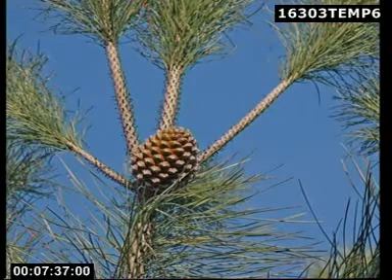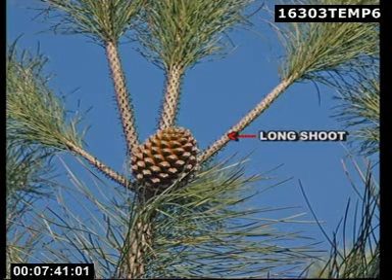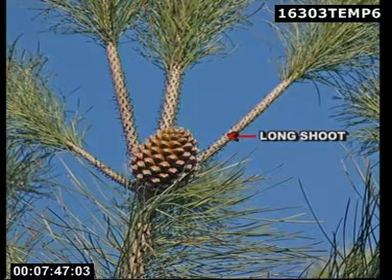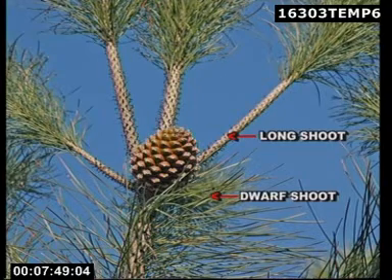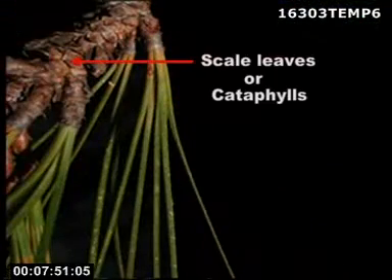One is branches of unlimited growth, which are also known as long shoot, and the other is branches of limited growth, which is known as dwarf shoot. Both the shoots have scale leaves, which are known as cataphylls.